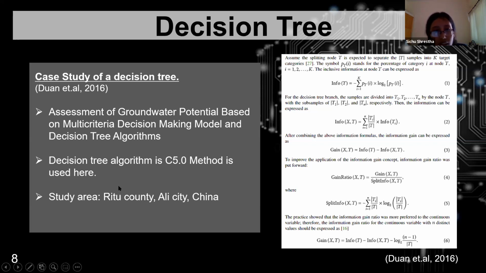This study was conducted in Ritu County, Ali City of China.